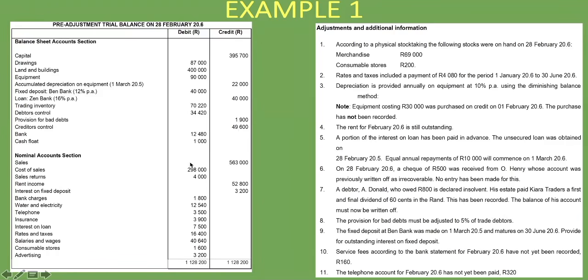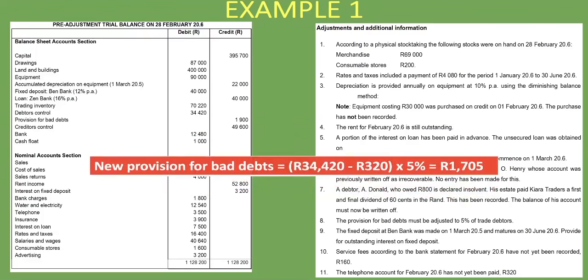We have debtors control here, and the amount is 34,420 rand. But we know that we incurred a bad debt that we had just calculated from the previous scenario, number 7, where we had a bad debt of 320 rand. So firstly, we take the 34,420 rand minus the 320 rand, and then we multiply the answer by 5%, and we see how much the new provision for bad debt is.